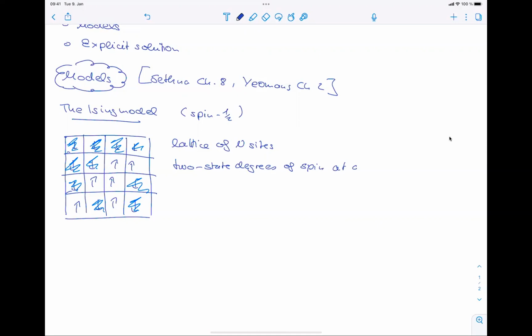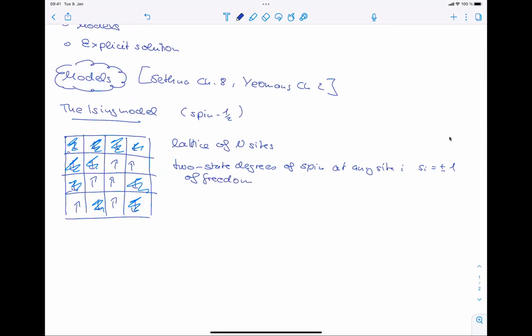At any site i, the spin is pointing up or down, so +1 or -1. So these are two degrees of freedom.